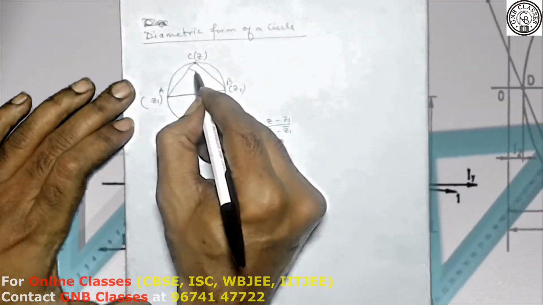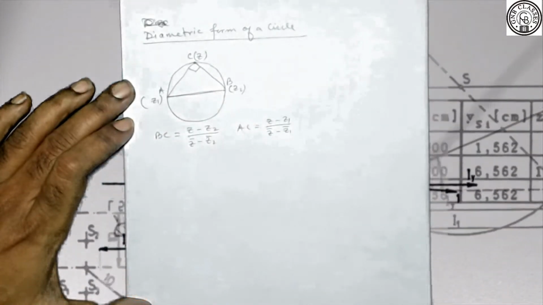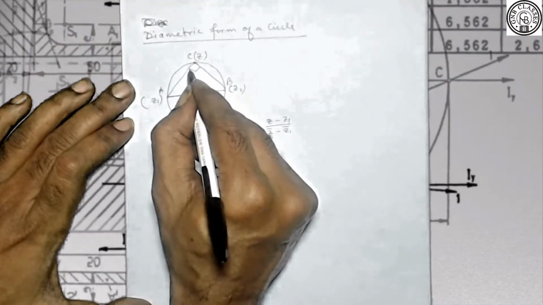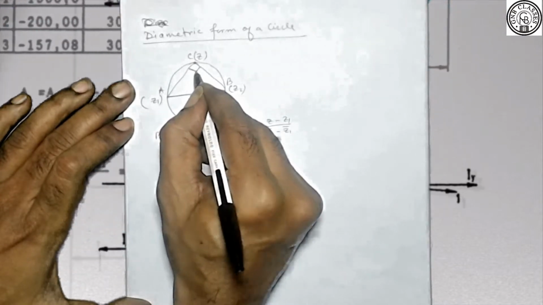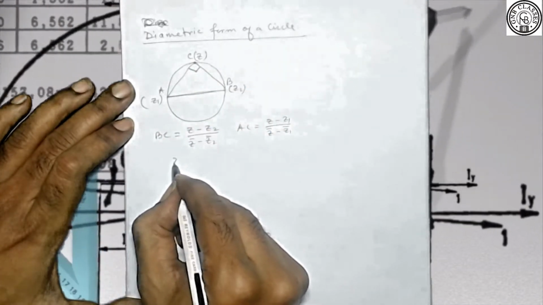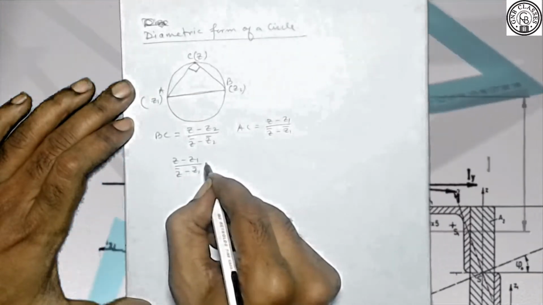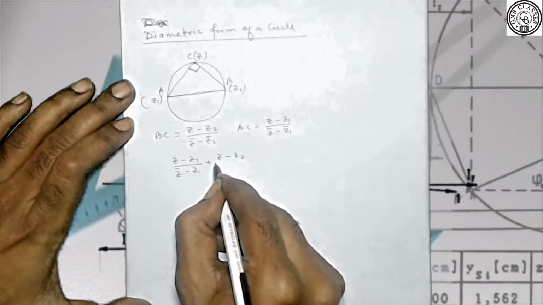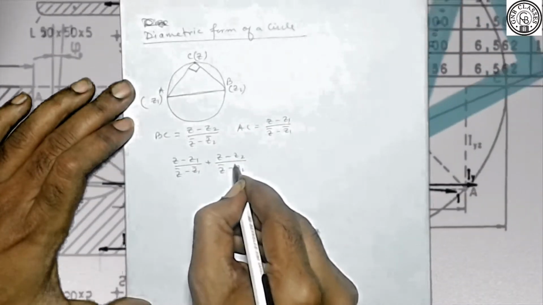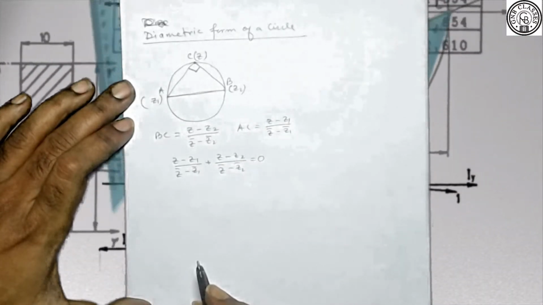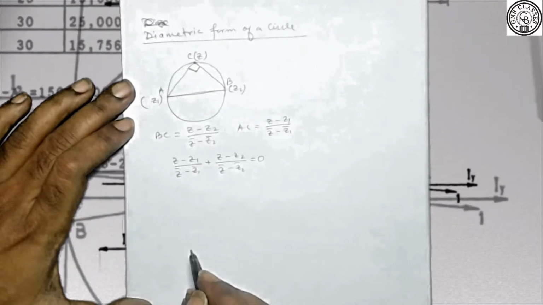Now, as we all know that the angle in a semicircle is always a right angle, that is, this angle is 90 degree. And we know that the sum of the complex slopes will be equal to 0 when two lines are perpendicular to each other.